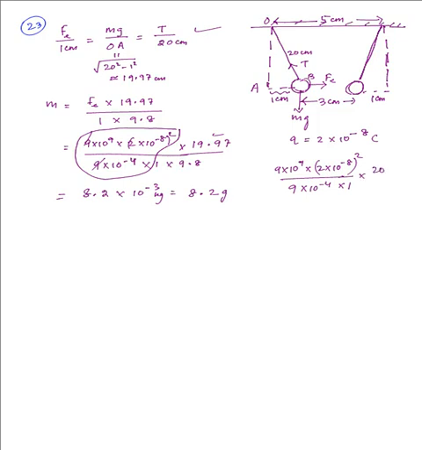So 20 is multiplied to this, and that is equal to the value of the tension. As far as the powers of 10 are concerned, that will be 10 raised to the power minus 3, but that will be again multiplied by 20. The 9's get cancelled off, and this comes out to be 8 times 10 raised to the power minus 2, is what I'm getting at this point. So 8 times 10 raised to the power minus 2 Newton is the tension that acts along the string.